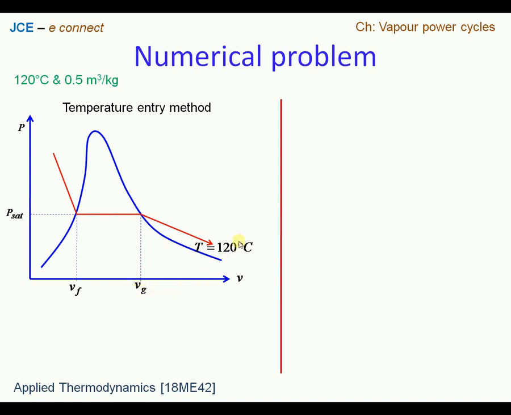Now let us look at, for a temperature of 120 degrees Celsius, what are the values of Vf and Vg, so that we can find out whether the given specific volume is inside the dome or outside the dome. That will help us figure out the phase of the system.